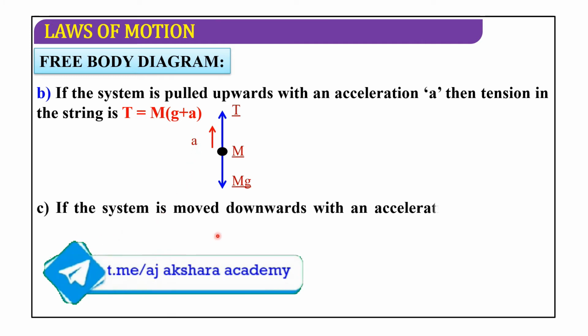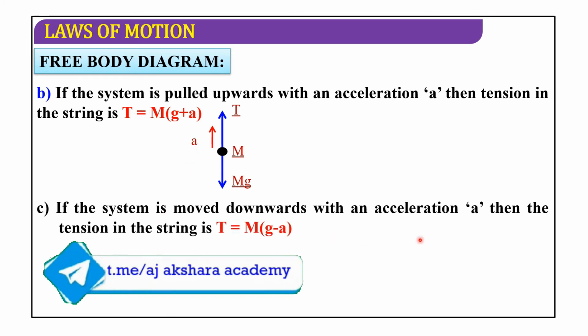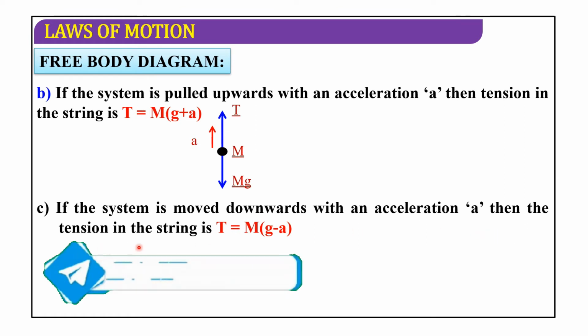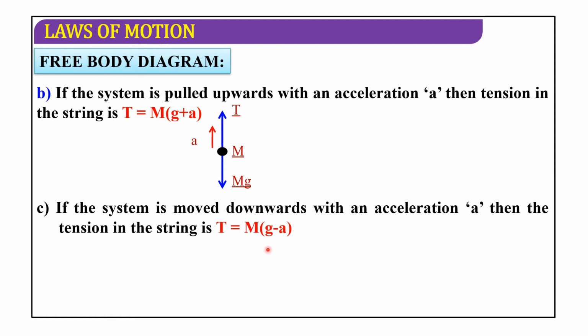If the system is moved downwards with an acceleration A, then the tension in the string is T equals m of (g minus A). Here, when it is pulled upwards, g plus A. When it is pulled downwards, m of (g minus A).